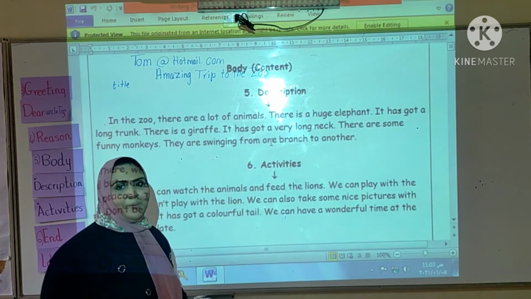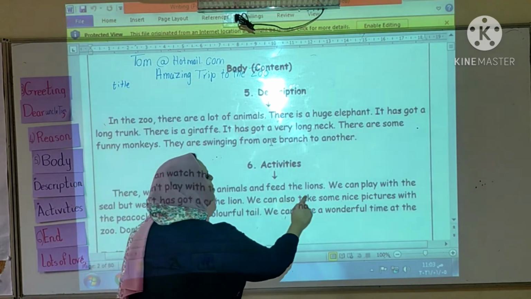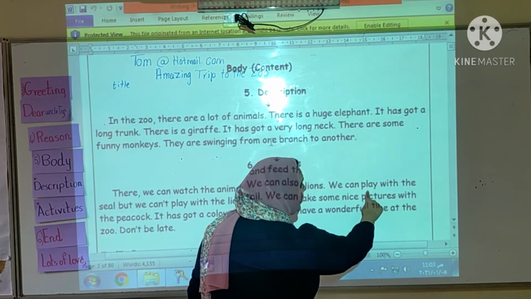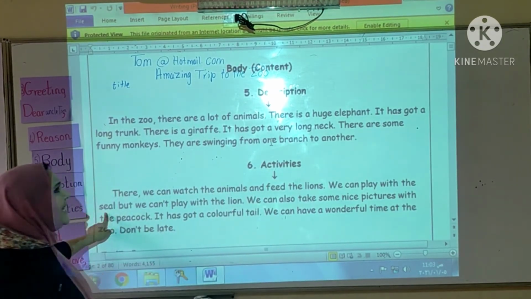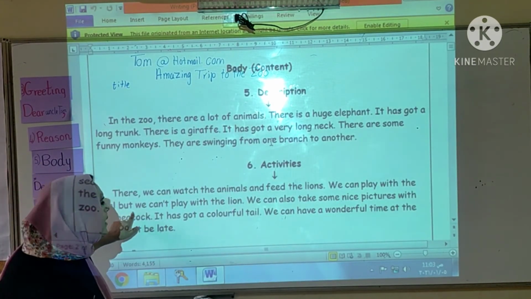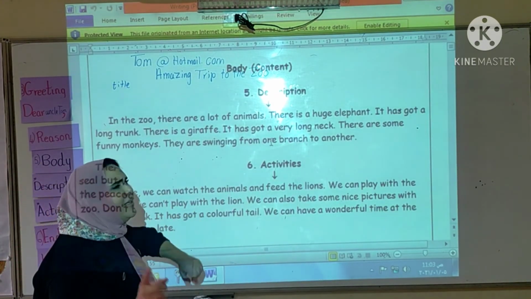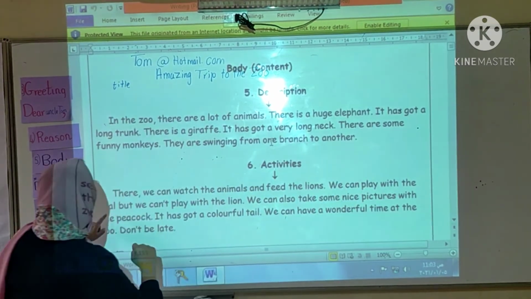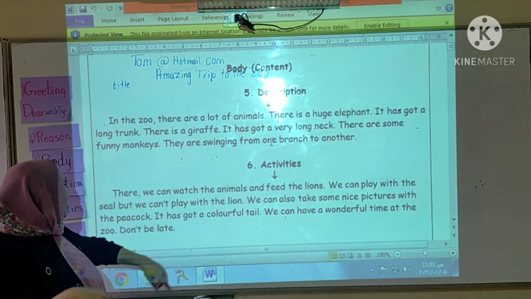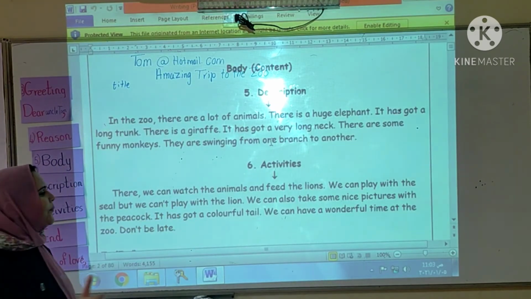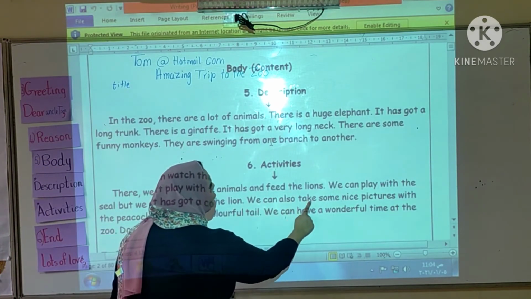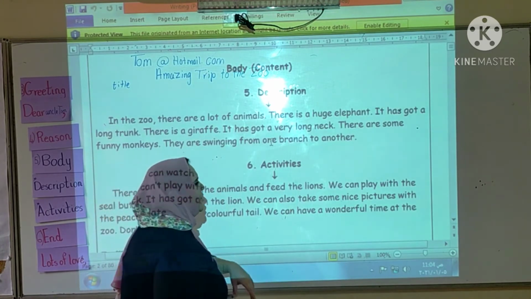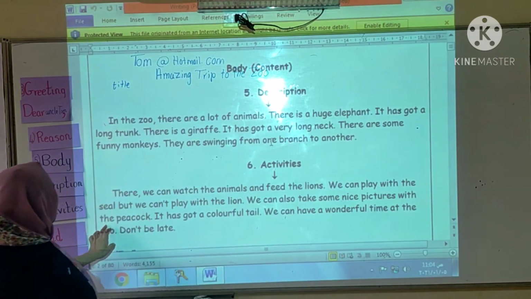Verb, verb. Okay, stop. We can play with the seal, but we can't play with the lion. We can play, verb. We can play, verb again. We can also take some nice pictures with the peacock.